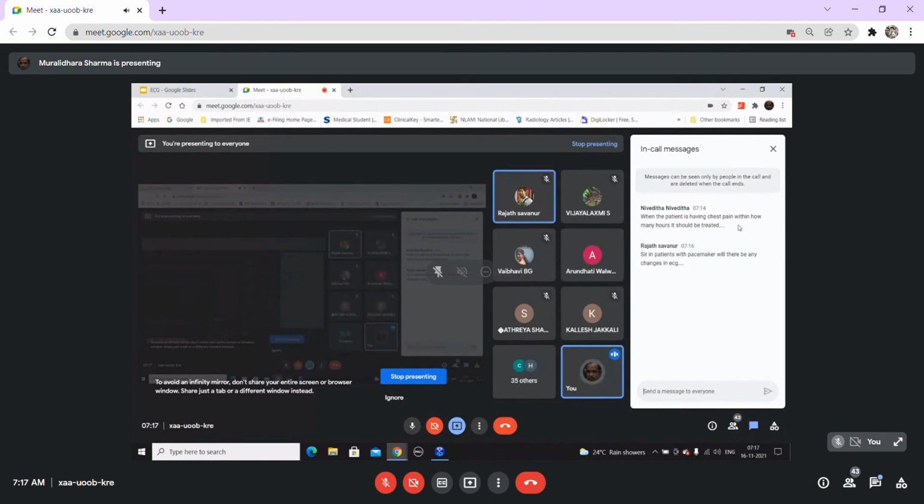When the patient is having chest pain, within how many hours should it be treated? I think the most important thing in a patient presenting with chest pain is to decide whether the patient has an ischemic pathology or not. And whenever there is ischemia, the earlier the better. The popular statement now is the golden hour.